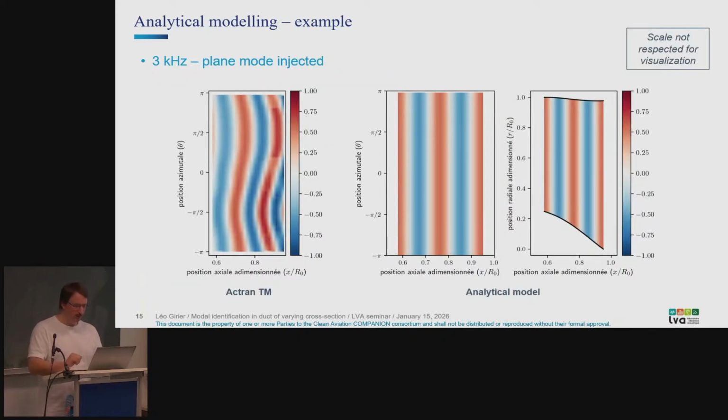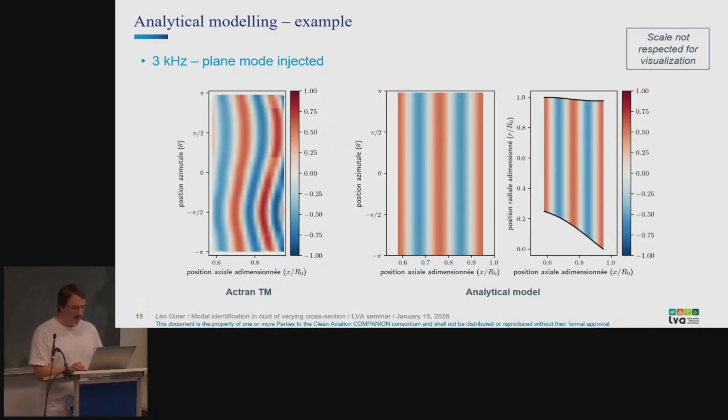And I want to tell you why, at least try, because it's something ongoing. So remember this mode, the plane mode injected at 3 kHz in the simulation on the left, and what the model gives on the right. You see not much difference compared to classic duct modes, in fact. I've set this aside previously, and you will see why.